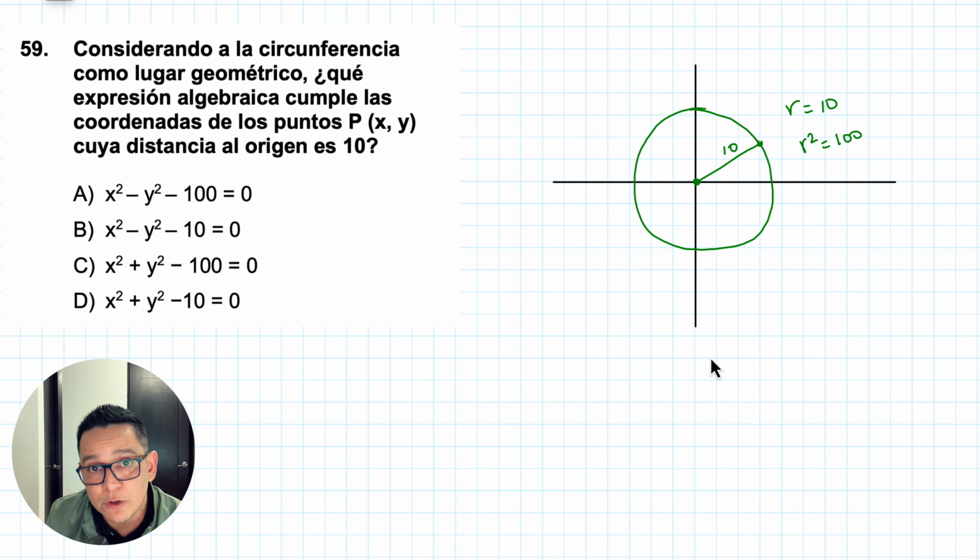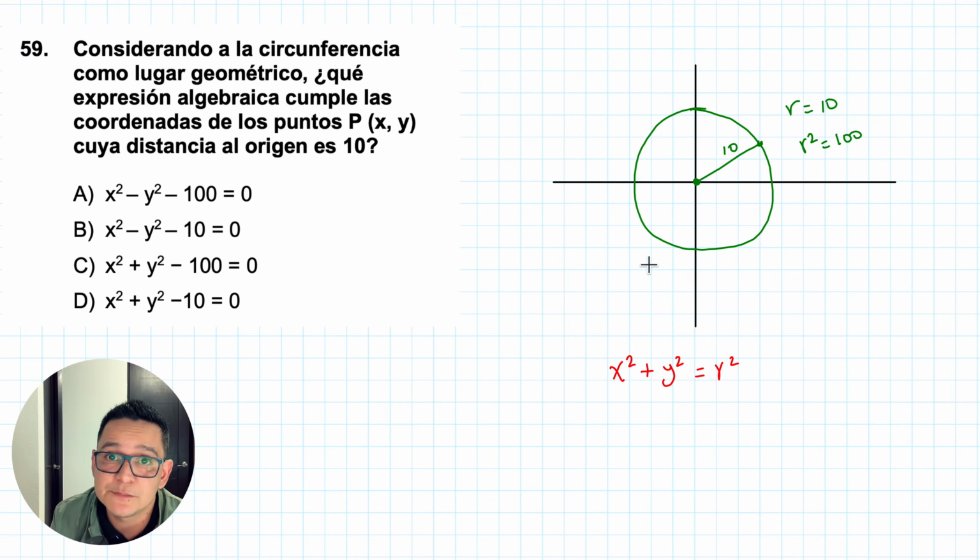Why am I asking you this? Because in the formula for the equation of a circle with its center at the origin, we have that x squared plus y squared equals r squared. So in this case, I already asked you for r, and also r squared. So we have everything. I get x squared plus y squared equals r squared, which is equal to 100.